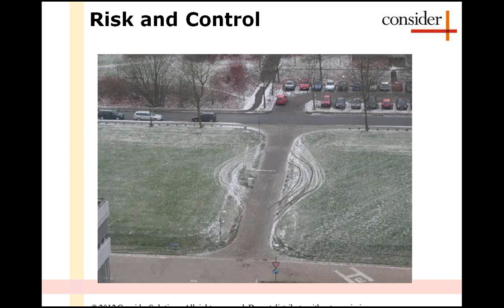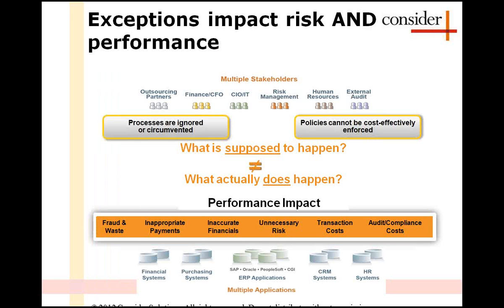So there's this whole point about how to get the balance between the control and the tyre tracks, which is really the risks. What we're seeing, when you look at the issue of monitoring risk and monitoring controls, is more and more that these exceptions, these tyre tracks, which are basically the difference between what's supposed to happen and what really does happen in our business processes, really represent genuine risks and genuine performance impact, and usually they represent both.